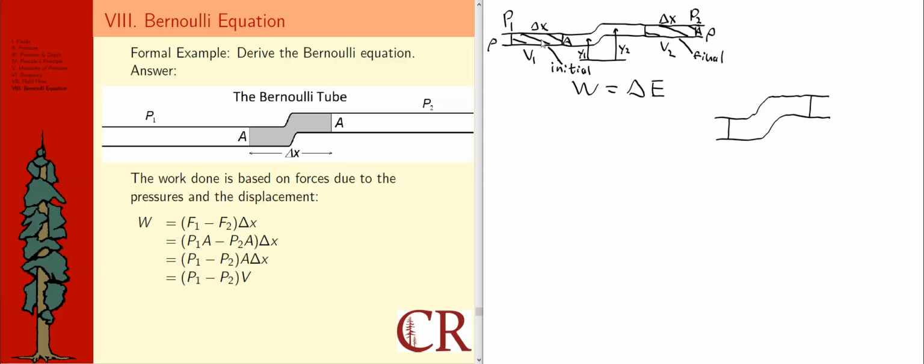So the net force is equal to 0. But when it's in this bend, there's a pressure P1 on one side and a pressure P2 on the other side, right? There's a P1 being applied right there, and there's a P2 being applied right there. They're both being applied to the area A of this section of fluid.